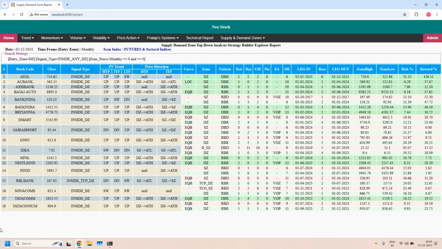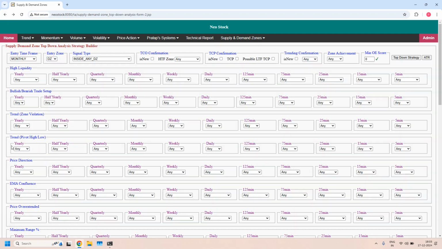We can further filter these stocks based on monthly EMA Confluence to find the high probability zones. So in the EMA Confluence parameter at monthly time frame, the filter is set for monthly demand zones having monthly EMA Confluence, and EMA Confluence makes sense only in the trending market, not in the sideways.